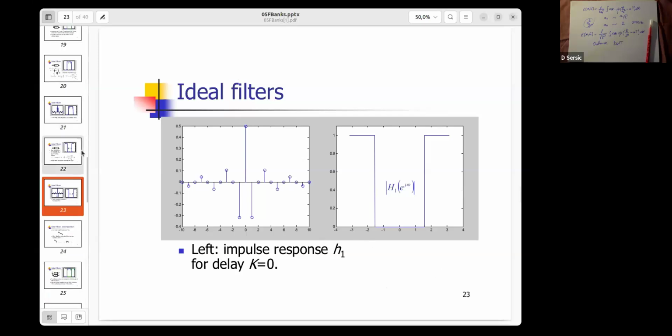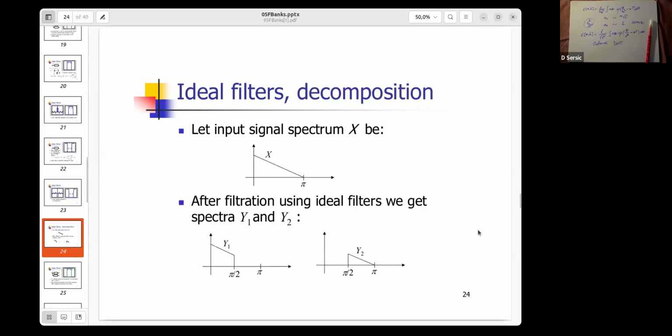So let's make a filter bank that actually consists of two ideal filters. If we just imagine that our input signal has a spectrum like this, it is only an example of such a spectrum. The ideal low-pass filter will cut the lower half, ideally. I mean, Y1 is unchanged X, but only up to the frequency pi half.